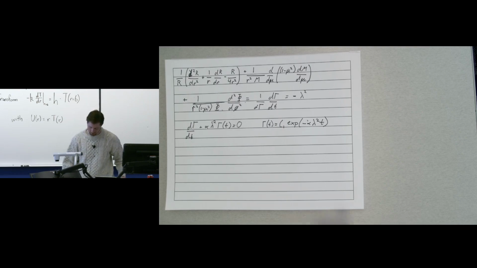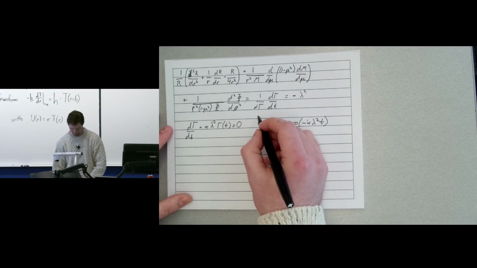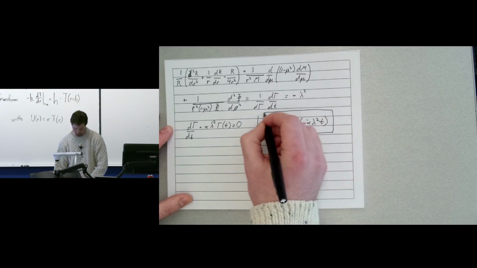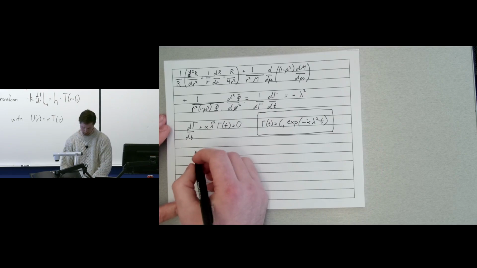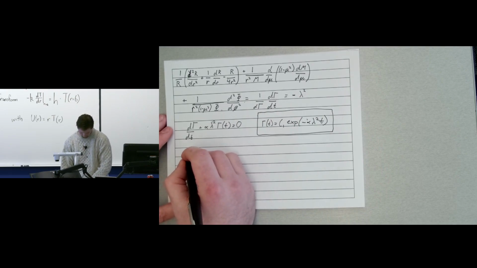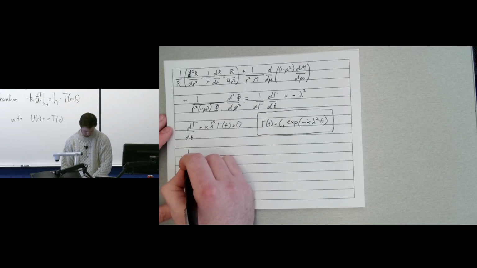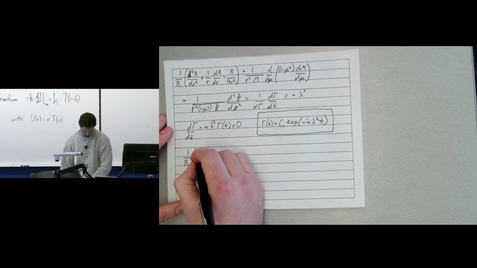Okay. So now we have our time separated out. We'll now consider our spatial variables. So we have 1 over r. Let me write this a little bit quicker.